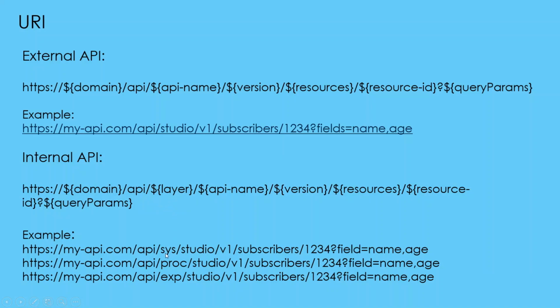So if it is system layer, you just need to add sys. If it is a process layer, add proc. If it is experience layer, add exp. So the only thing you need to add is the layer in case it is an internal API and if it is following the API led connectivity. If it does not follow API led connectivity, you need not add the layer resource.